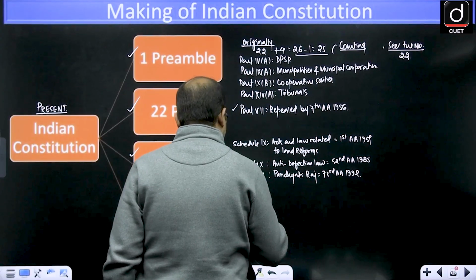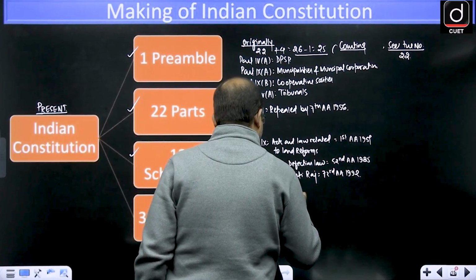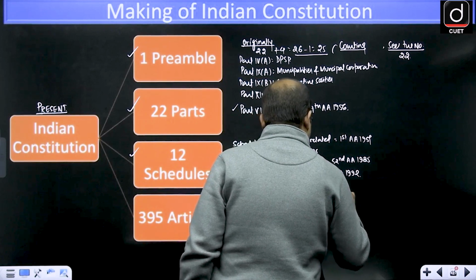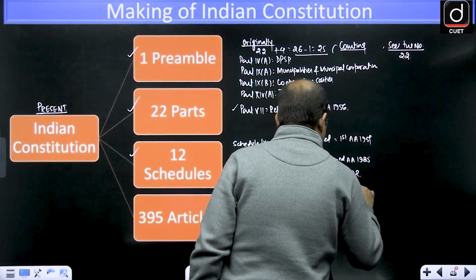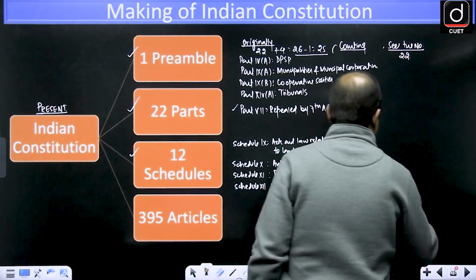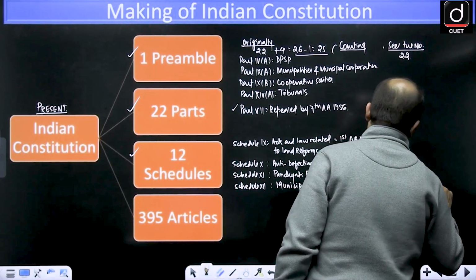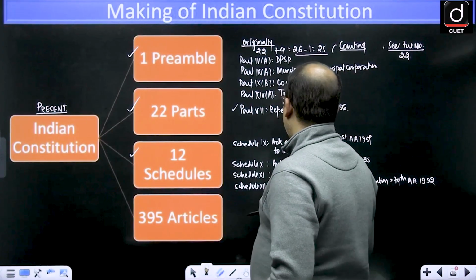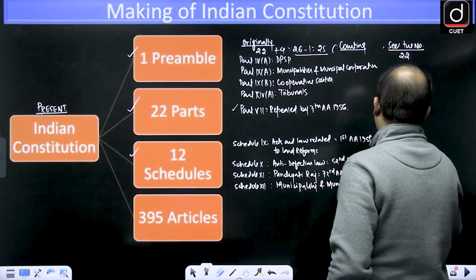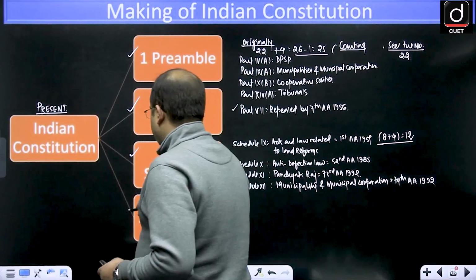And Schedule 12, municipality and municipal corporation, 74th Amendment Act 1992. So these 4 schedules were added, so 8 plus 4, now it became 12 schedules. So this is how 12 schedules are there, and still we have 395 articles.